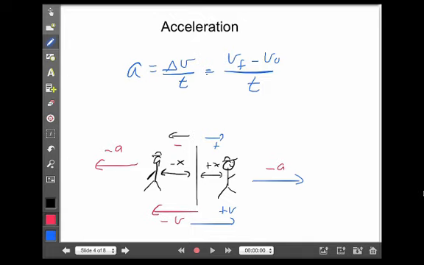You're actually speeding up. The reason why is because if I'm traveling in the negative direction and I'm accelerating that way, that means I'm increasing my velocity in the negative direction. So that means I actually have a negative acceleration. So acceleration is going to be a very tricky thing to think about, especially when it comes to vectors.